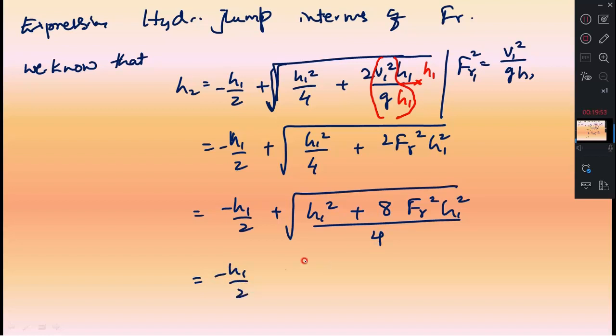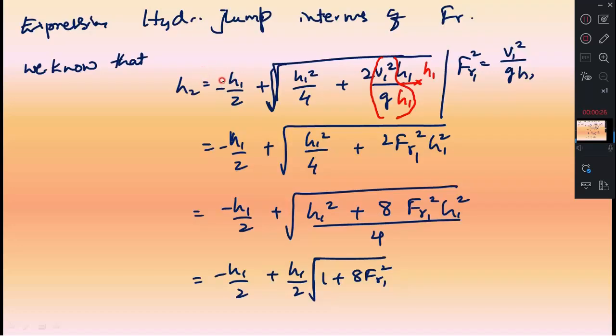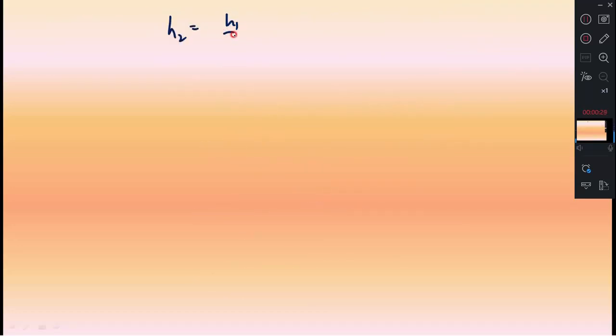Now minus H1 by 2 plus, H1 outside, 2 outside, then inside the bracket we got 1 plus 8 Fr1 square, only this much. Now for further simplification, H2 is equal to H1 by 2 into minus 1 plus square root of 1 plus 8 Fr1 square.